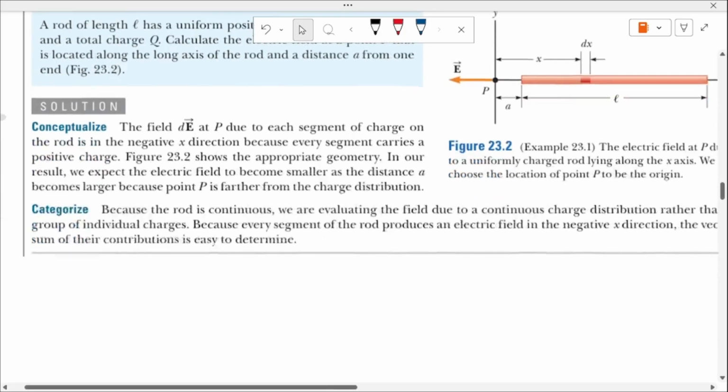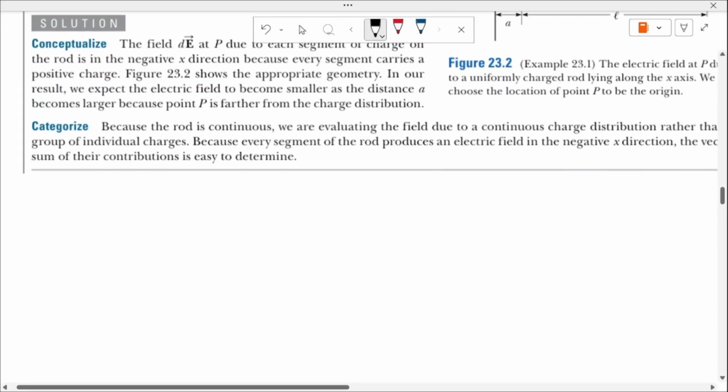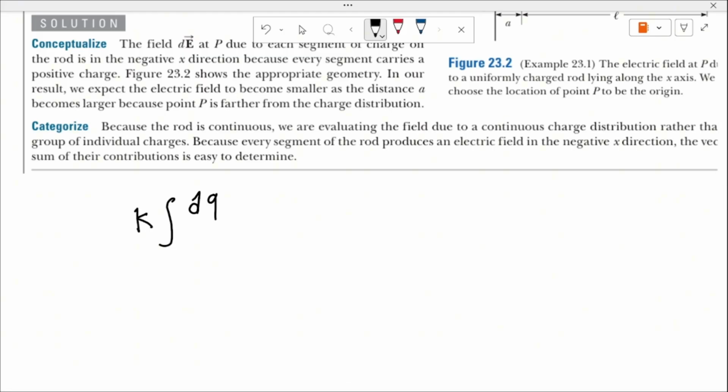So in order to begin, we begin by writing our integral expression. K times the integral of dq over r squared, r hat, equals the electric field.